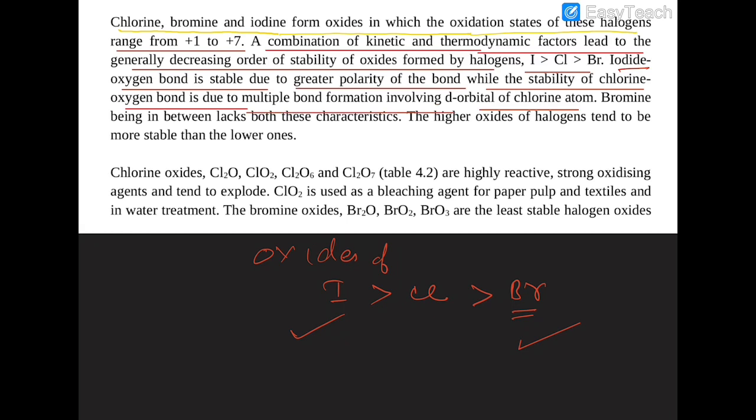I am repeating once more. In case of an iodine oxygen bond, the bond is highly polar. Why is it highly polar? Because the electronegativity difference between iodine and oxygen is the maximum. So you can say that ionic character is largest in the iodine oxygen bond.